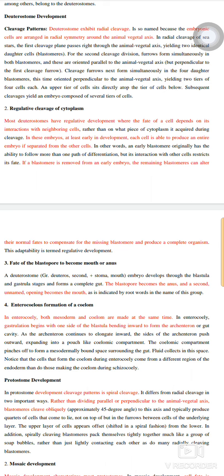In other words, each cell is independent of the other cells, so that even when they are separated from the other cells, they can still, at the end of the day, produce that which is meant to be.